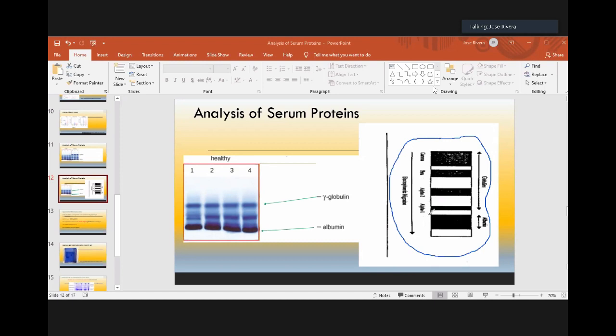So here again, this is albumin. This is alpha 1, alpha 2, beta, and this will be the gamma fraction here. It's just showing you these are called the globulins. This is albumin. Okay, so that's all we need to know about this gel.